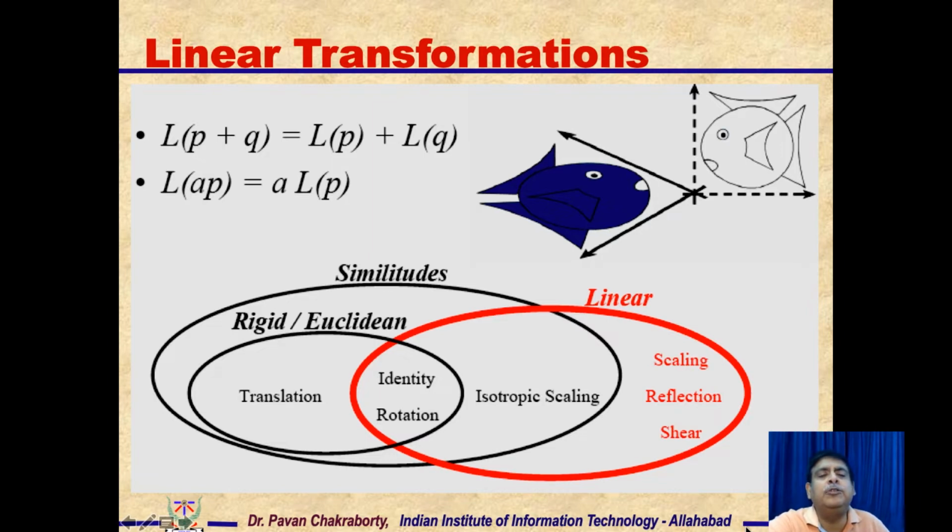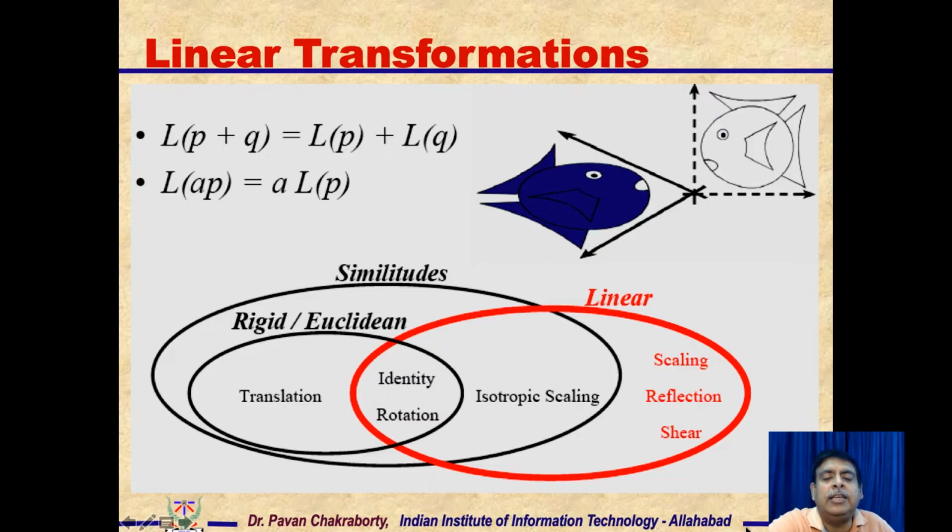The second condition is homogeneity. If a variable P is multiplied by a scalar A, I could always bring the scalar A out of the operation as a constant, where I could write it as A times L of P. A linear function only depends on these two conditions, and you can easily prove that if you take a translation, that is, any equation y is equal to ax plus b, you will see that it violates these two relationships, and therefore it is a nonlinear transformation.